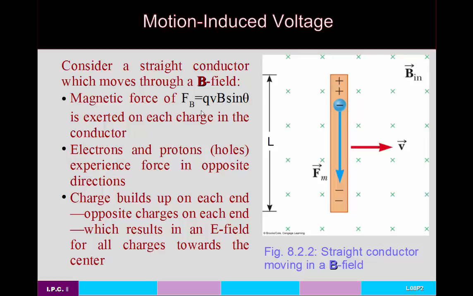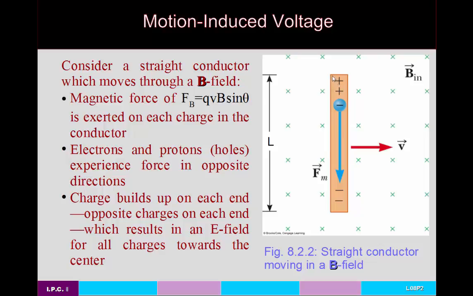Now, because electrons and protons or electron holes have opposite signs of charge, they will experience force in opposite directions. We actually looked at a similar case of this when discussing, for example, the Hall effect.